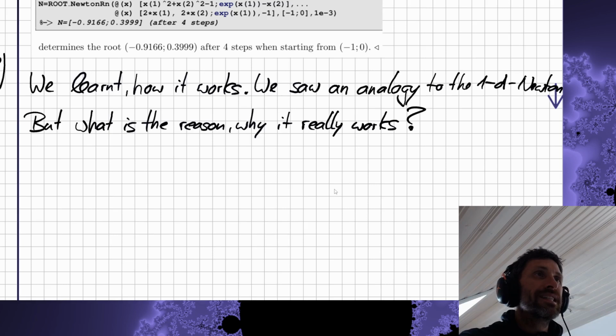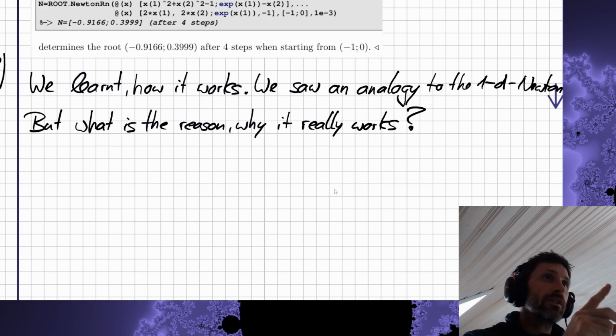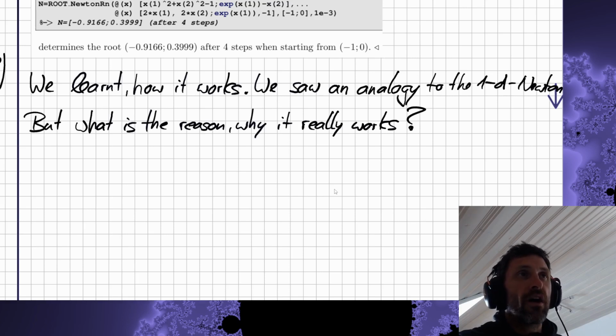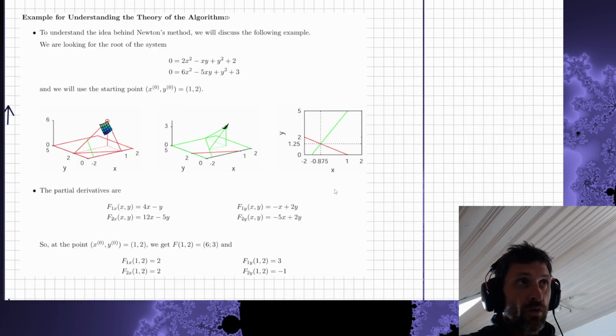I am not satisfied with the explanation. There is the one-dimensional Newton's method, and now we play around with some inverse of f prime of x and so on. I want to learn the exact reason, and that's what I want to talk about now at the end of that subsection, okay?